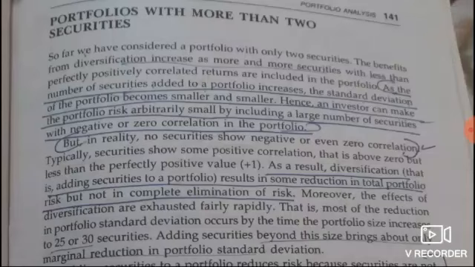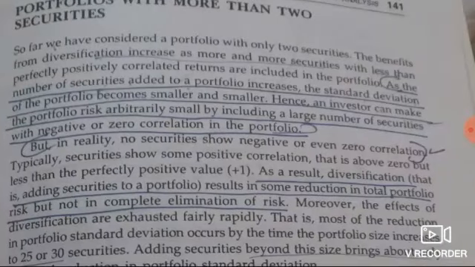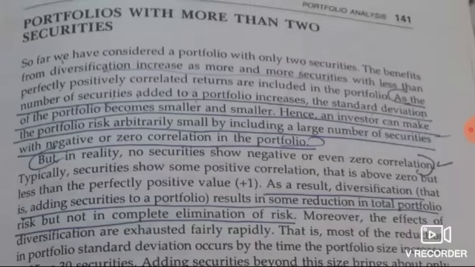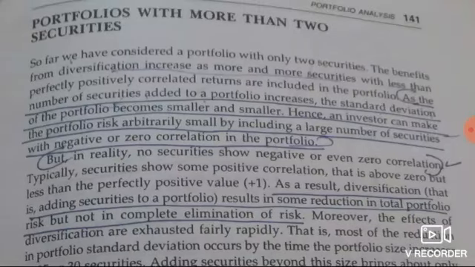two securities. In diversification, we had seen three cases: positive correlation, negative correlation, and almost zero correlation. We had studied that in all those cases, except when there is perfectly positive correlation, that is, correlation is 1, diversification was a productive activity.